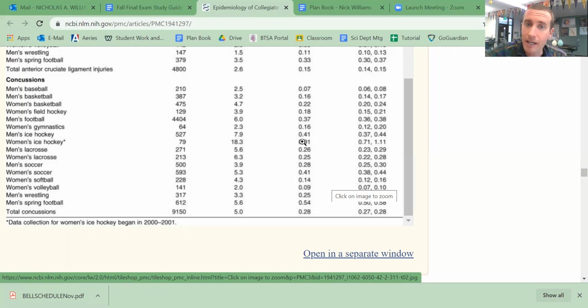And then ice hockey really stands out. That makes some sense because you are playing it on ice. That is a really hard surface, and so that's really going to reduce your time of impact. If you have a very, very small time of impact, then you are changing direction really fast, and that's going to increase your force.